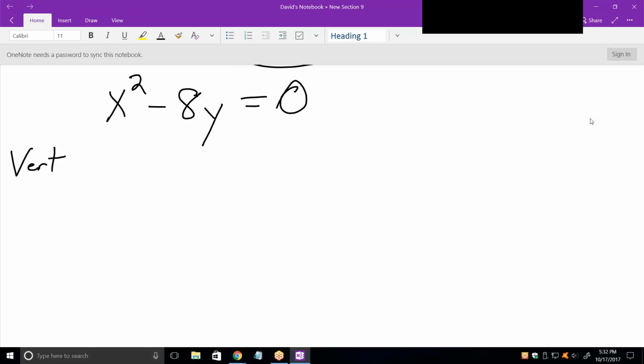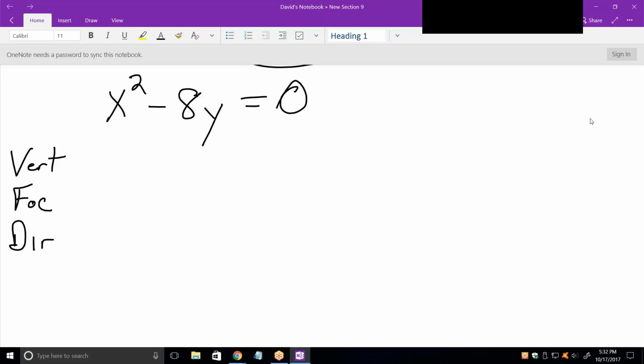Tell me if this is a horizontal or a vertical parabola. This one's a horizontal, right? Nope. Which variable is being squared and which one is not? Oh, the x is being squared, so that makes it vertical.